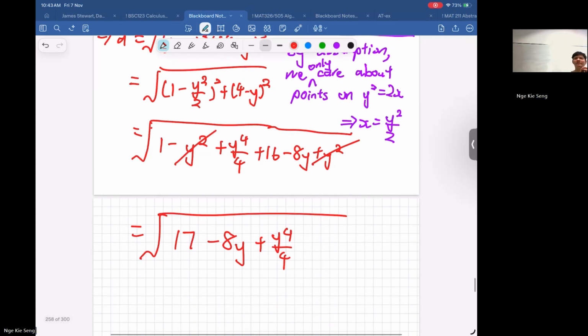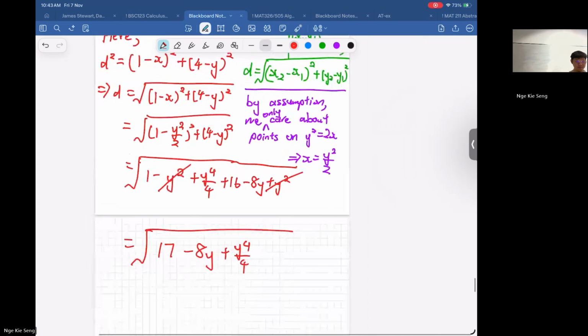Correct? Please help check. Okay, so now we want to find the maximum distance. Finding the maximum distance here will be equivalent to finding the local maximum or the absolute maximum, then comparing which one is the maximum out of everything.